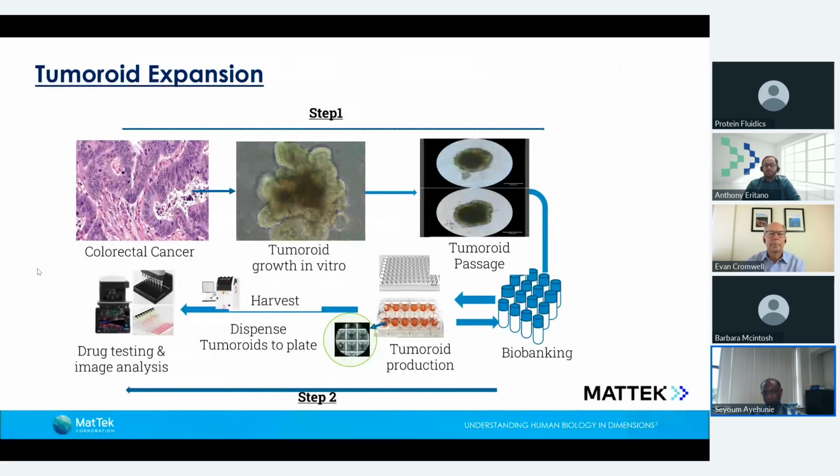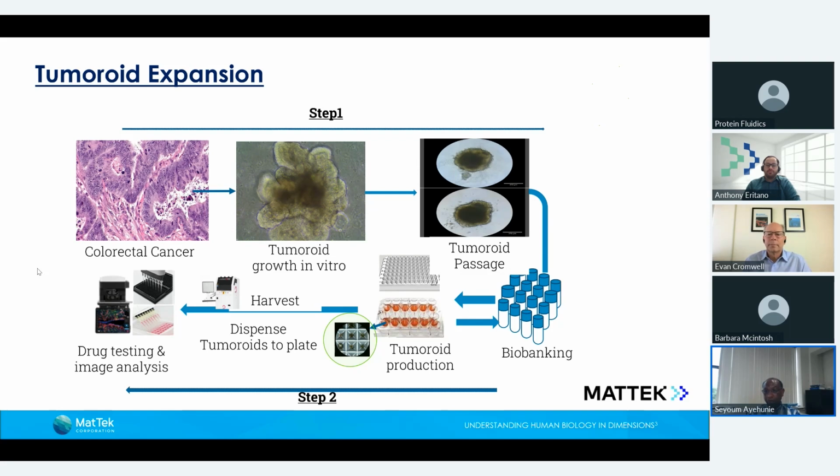The technology that we adopt to get large-scale tumoroids has two steps. In step one, we take samples from a patient tumor, equivalent 4-millimeter biopsies. Then we chop them up and isolate tumoroids from the patient, and we grow them in vitro.